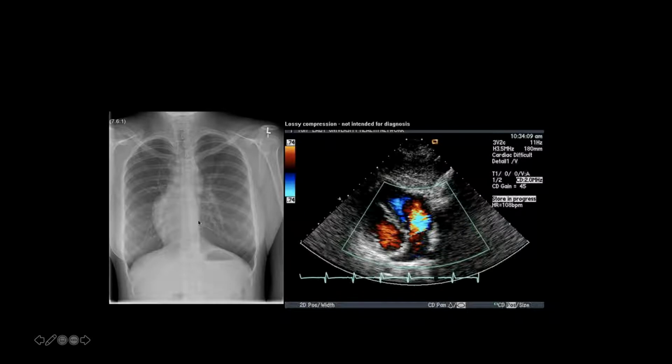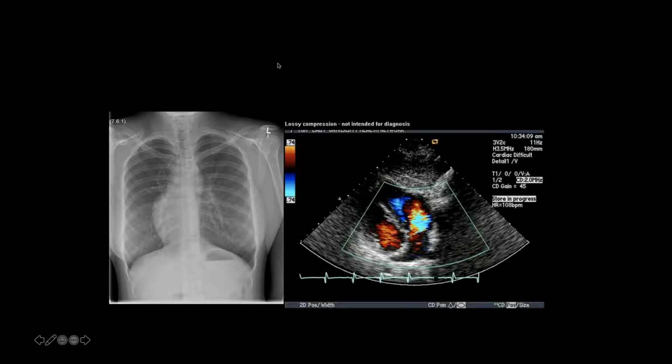You can also have a look at the chest X-ray here. If you start with the subcostal view, it can be very difficult sometimes. Where is the aorta? Where is the IVC? Then what you do, you just take a chest X-ray, like in this patient. You see here, the stomach bubble is on the left, the liver is on the right, but the right diaphragm is a bit lower than the left diaphragm, and the apex points to the right.